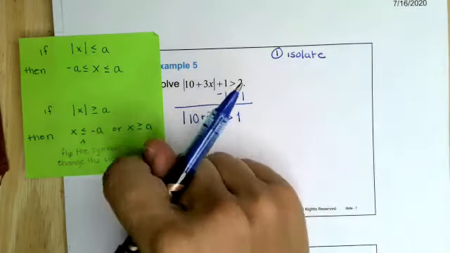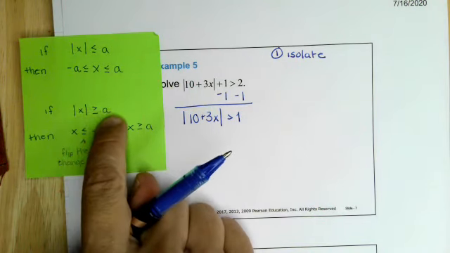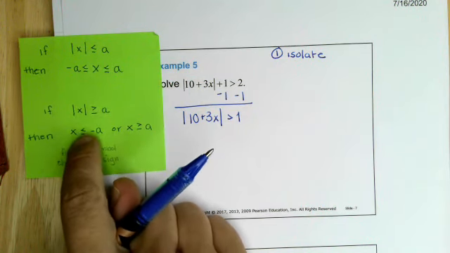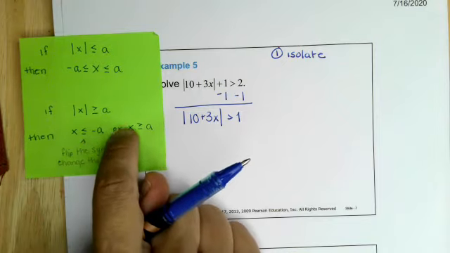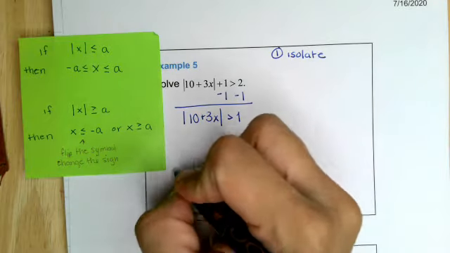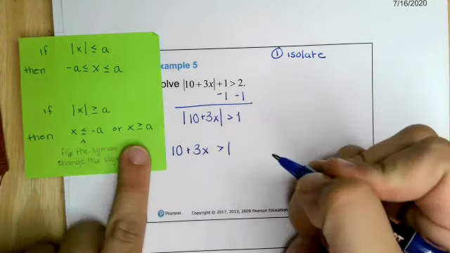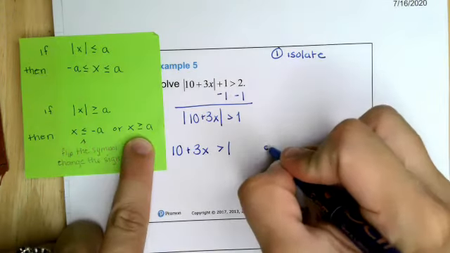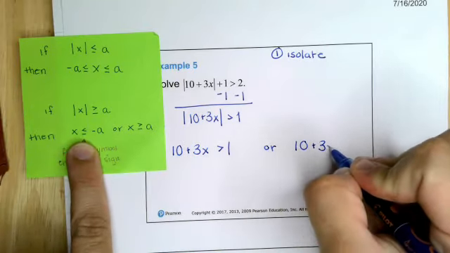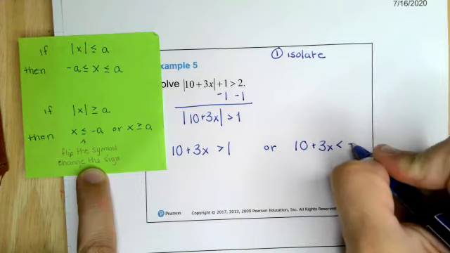Now, if the absolute value of x is greater than a, I change that to x is less than negative a, or x is greater than a. So I'm going to take this and turn it into 2 different equations. 10 plus 3x is greater than 1, right? Or the same 10 plus 3x, flip the symbol, change the sign, is less than -1.